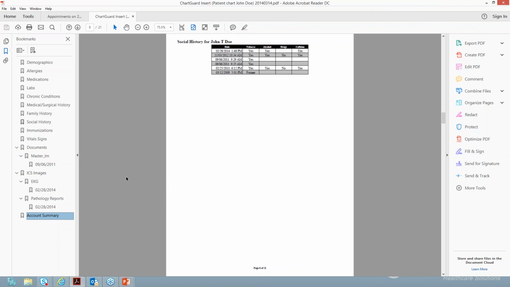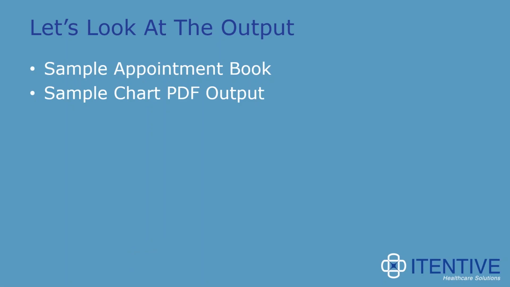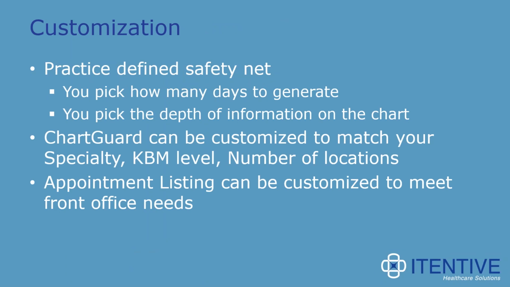As I mentioned, going back, you can pick the number of days to generate going forward. So you can look forward 3 days, 5 days, however many days forward you want to look. And then the depth of information that I mentioned, you can go back to, let me see the labs for the past 6 months, or let me see just the last lab.